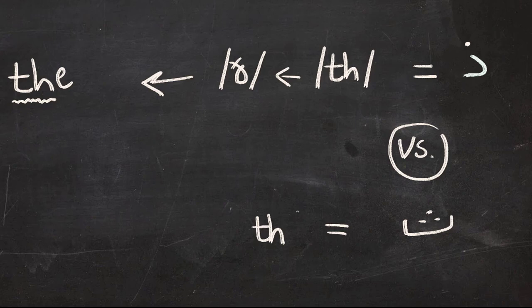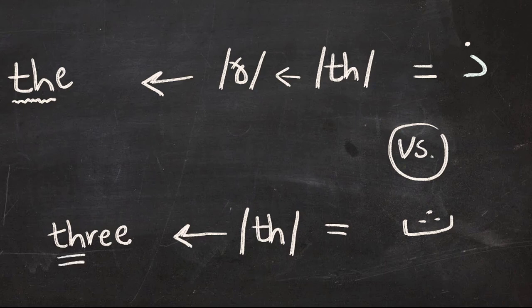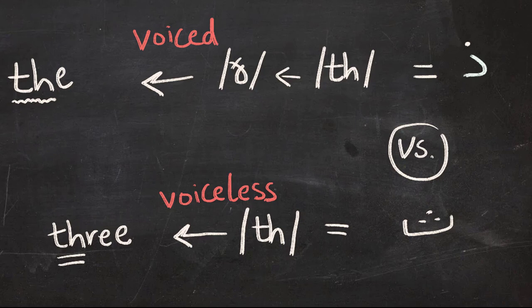We said that th could be compared to th also, but the difference is that the th of th is a voiceless sound, like the one we have in 3. Voiceless means that you don't use the vocal cords while you pronounce it, while the, which is in today's lesson, is a voiced sound, which means that you use your vocal cords to pronounce it.